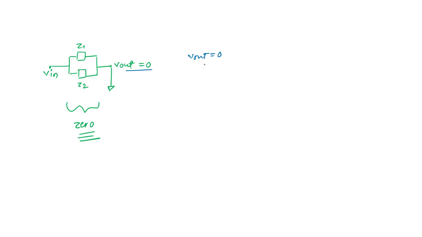When we see this output to be 0 for the calculation of the zero, then current I1 plus I2, equal to total I, should be 0. So I1 plus I2 equal to I should be 0. From here, I1 equals minus I2. What is I1? I1 is V1 by Z1. What is I2? Vin by Z2, because we have already considered the output to be 0.